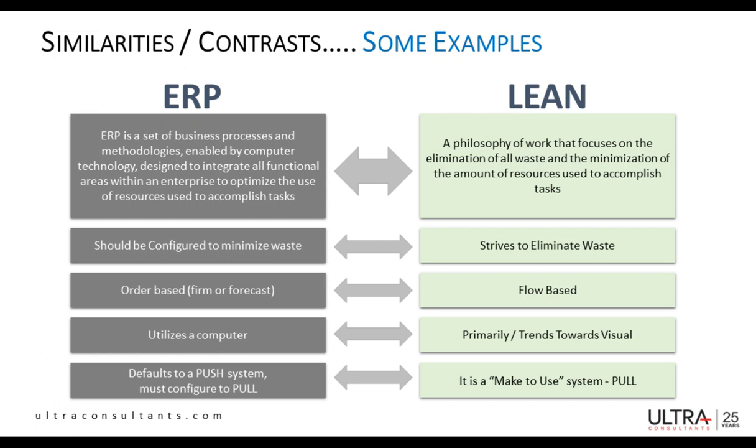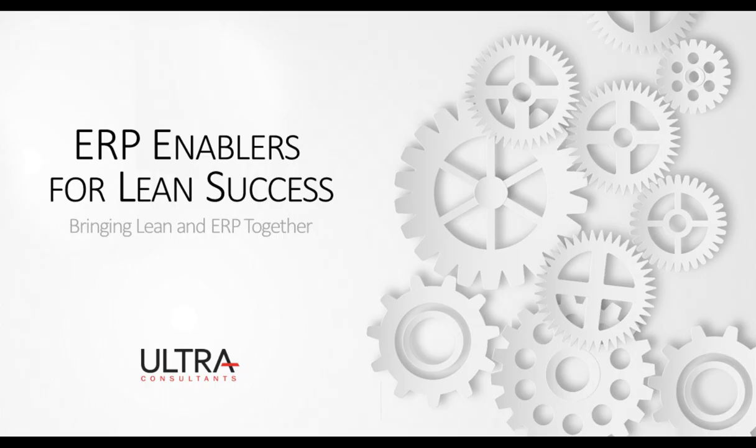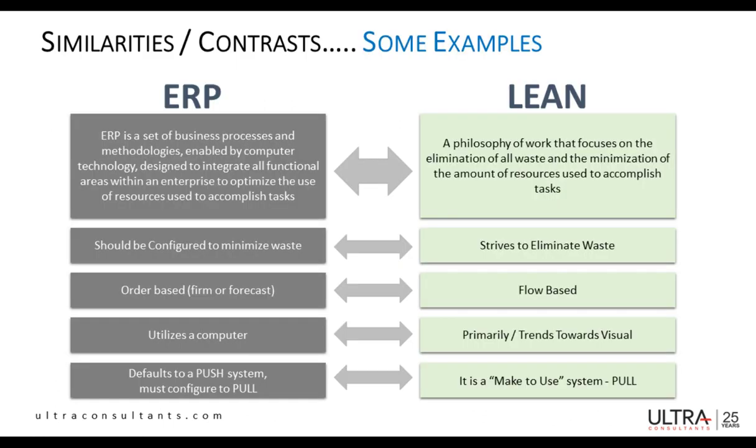Of course, ERP uses a computer and all related technologies. Lean will trend toward being more visual. The traditional lean will tend to say, well, don't use the computer. But generally what we see is that trending toward visual is augmented or enhanced by having an overlay of an ERP system that's giving me information, collecting information so that I can react to problems.